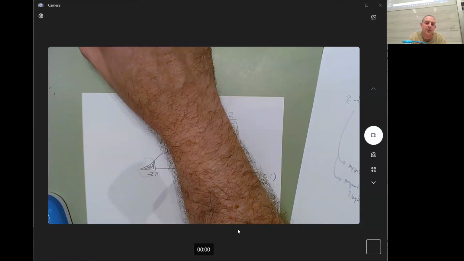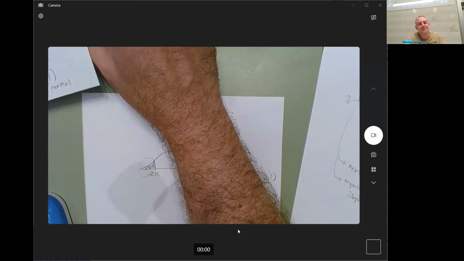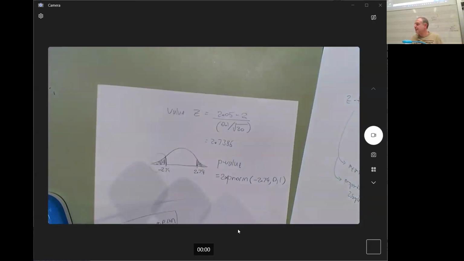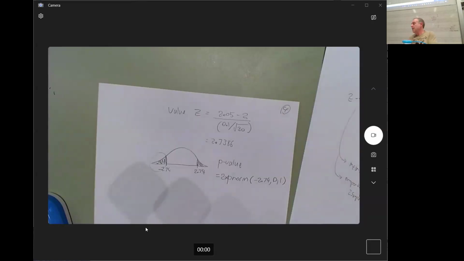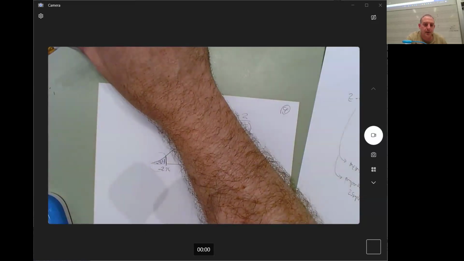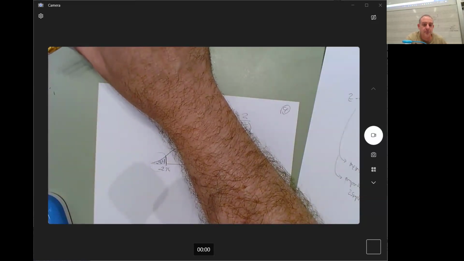Where's R? It's right there in front of me. Is it working yet?